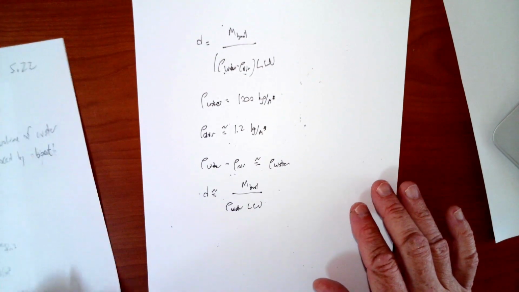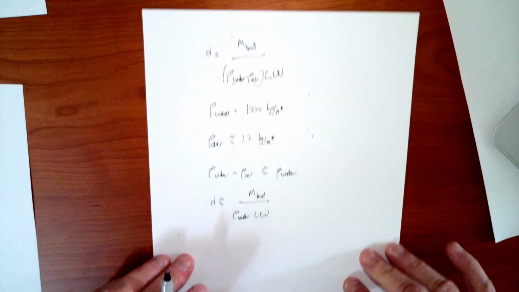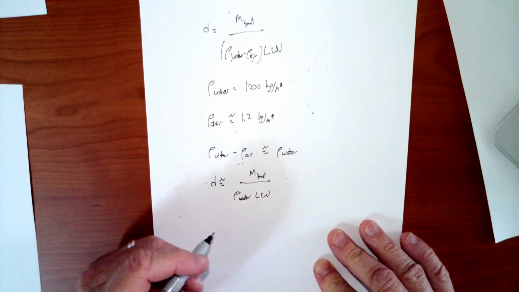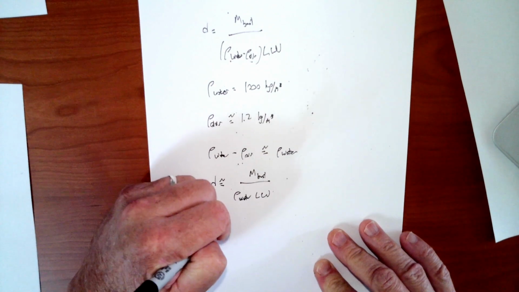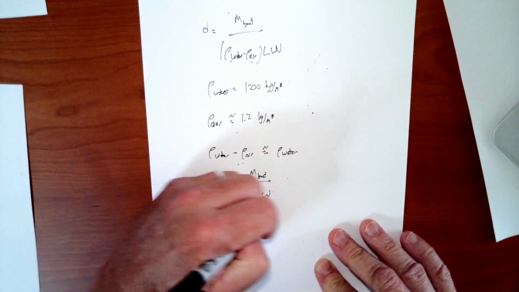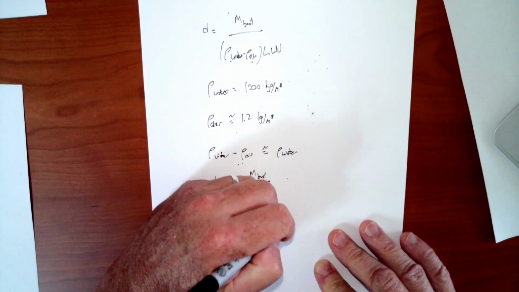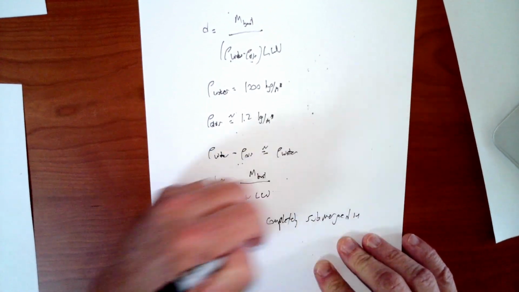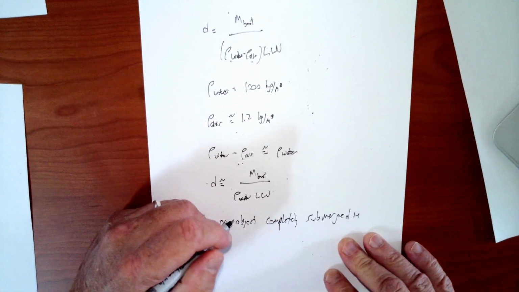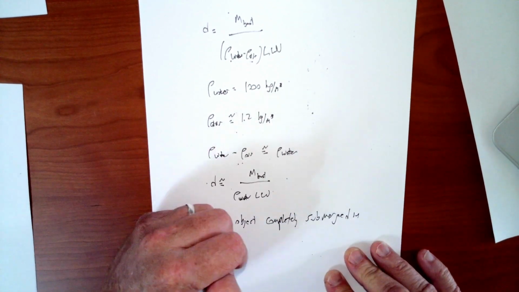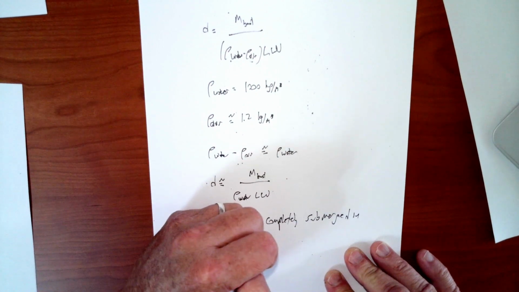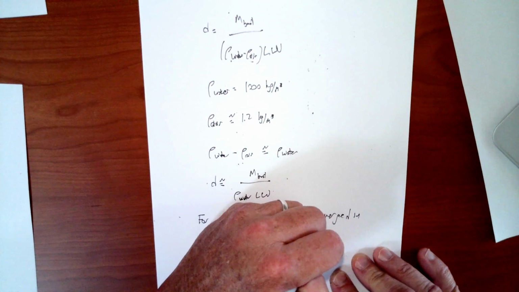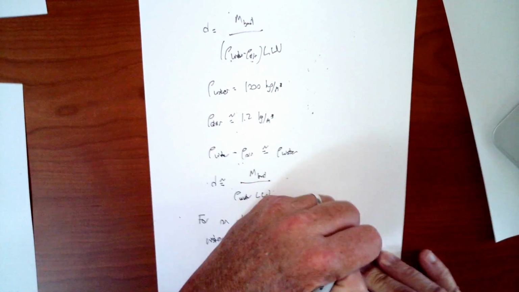Now, this final thing, we're going to consider an object that is completely submerged in water. So for an object completely submerged in water, if it's filled with air, we know that the buoyancy force will be the volume of the object times G times rho water minus rho air.